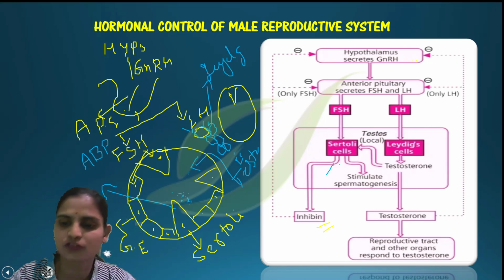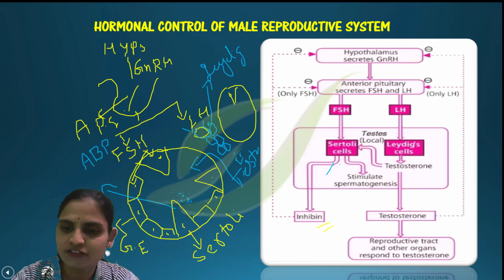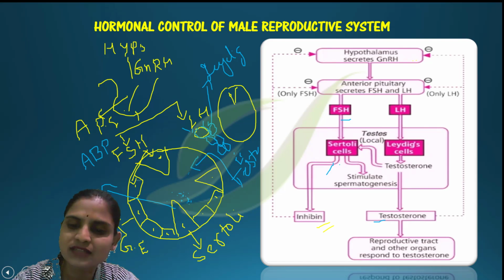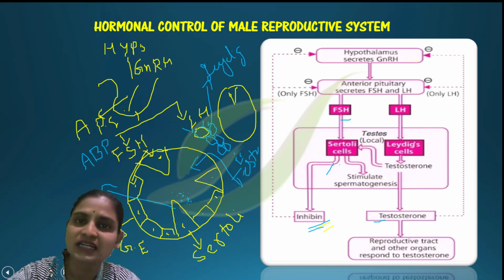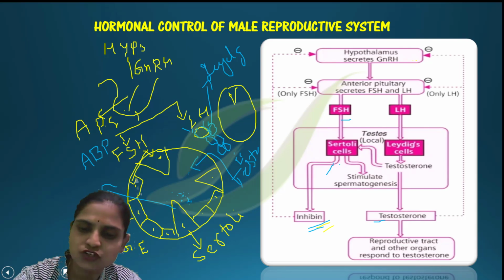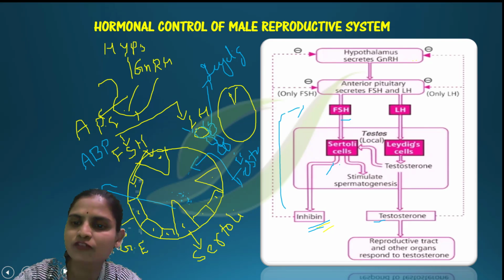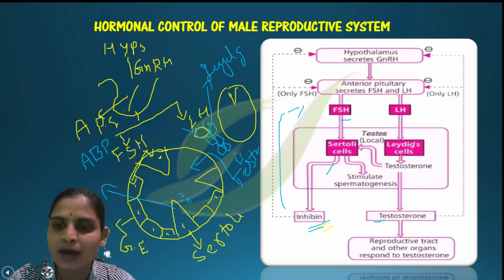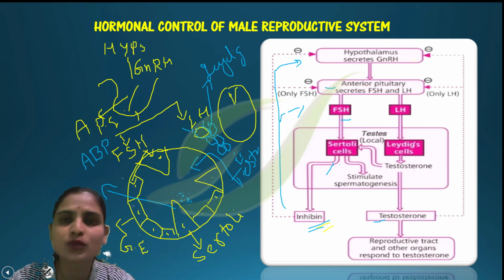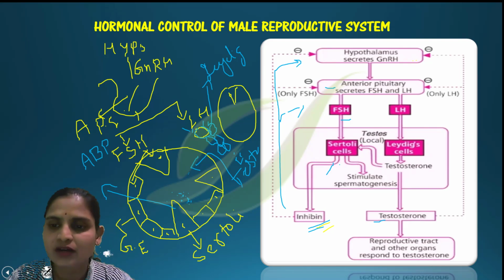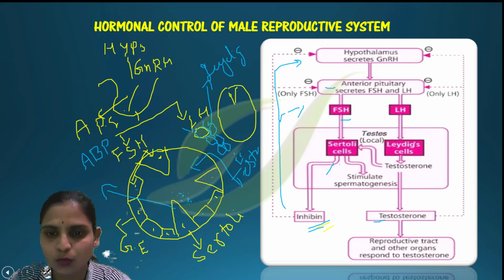If the secretion of FSH as well as testosterone increases, the Sertoli cells will produce inhibin. Inhibin suppresses the production of FSH and LH by suppressing the pituitary gland, as well as giving a message for the hypothalamus to stop releasing gonadotrophic hormone, which is called negative feedback.